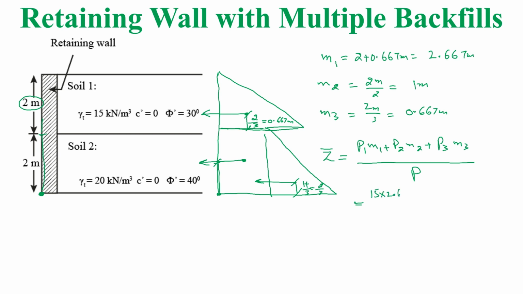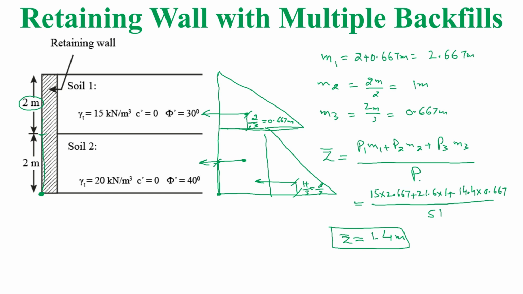M1 is 2.667 plus P2 is 21.6 and its moment arm is 1, while P3 is 14.4 and its moment arm is 0.667 meters, and the summation of all the forces is 51. So the Z prime will be equal to 1.4 meters.